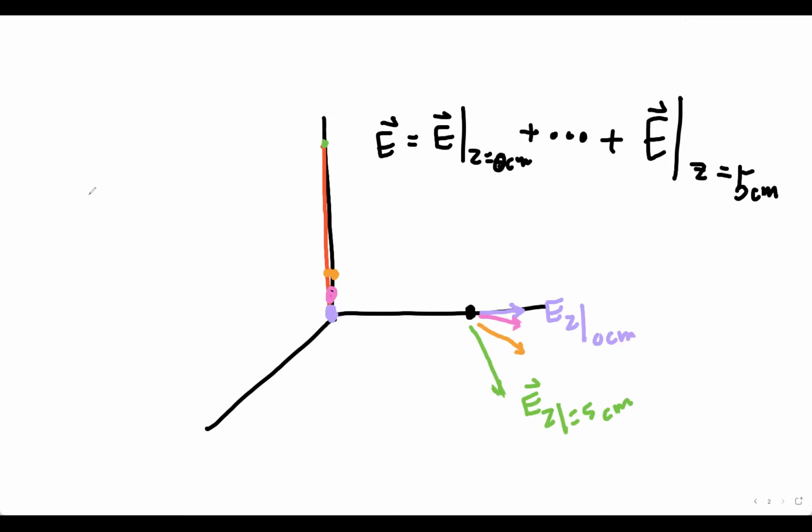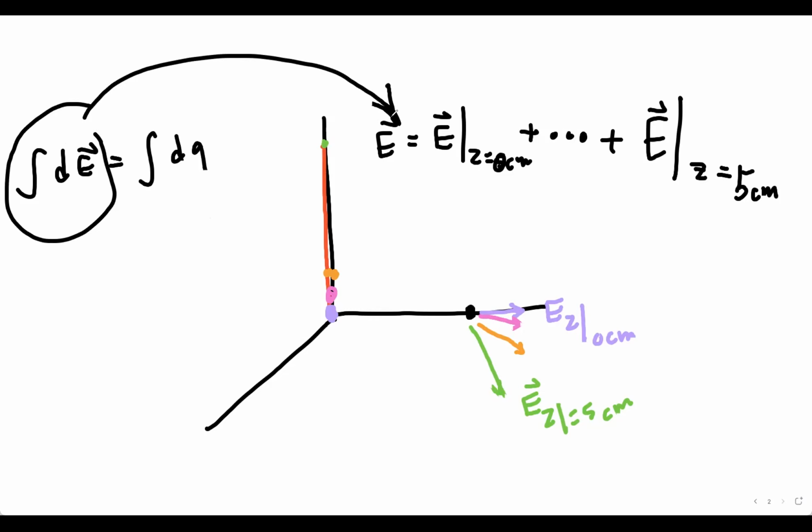This integral is just doing a big superposition for you of all these little bits of field, and that's why your dl should be this dz. Does this clarify things a bit?